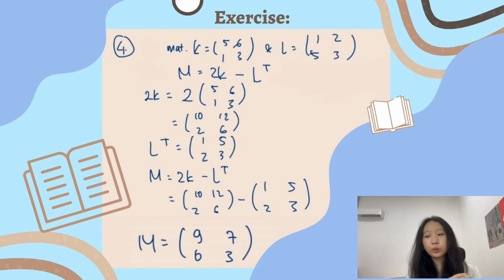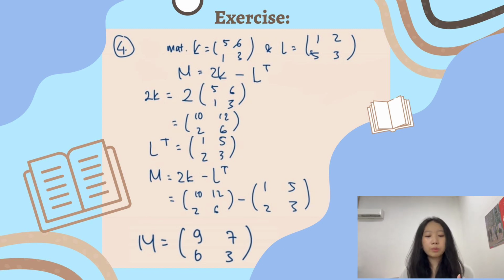So 2K was 10, 12, 2, and 6. And for the transpose of L, we change the column or row from the diagonal into the vertical. So it remains 1, 5, 2, and 3.